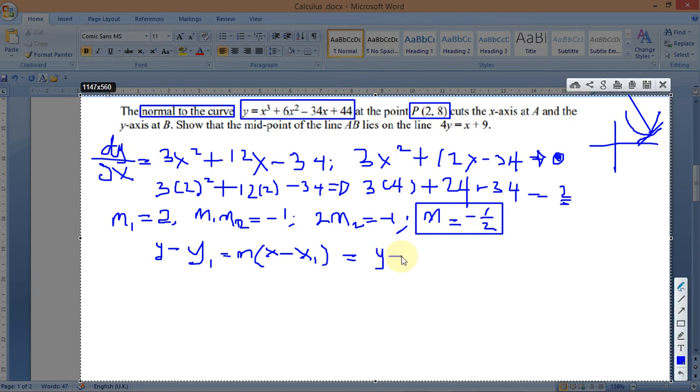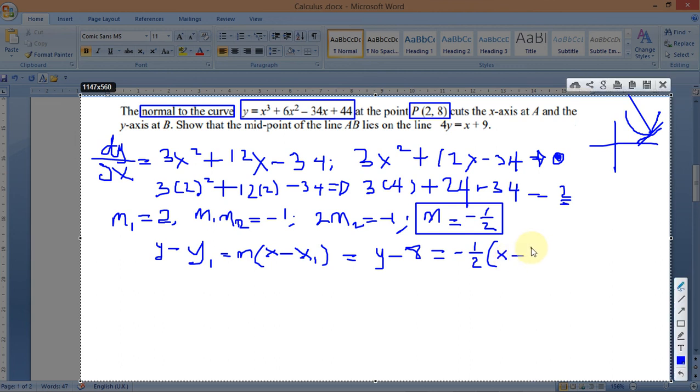We are given that at the point 2 comma minus 8, I have my y to be minus 8. So y minus 8 equals, my m is minus half, into x minus x1.